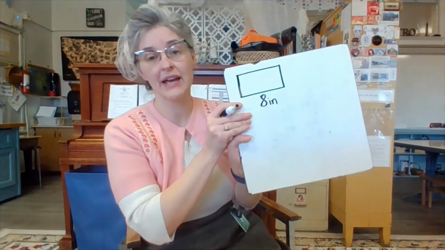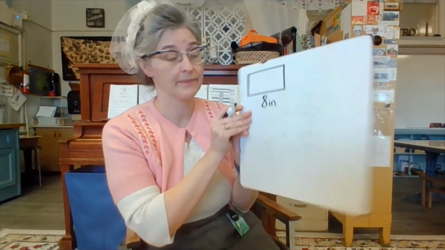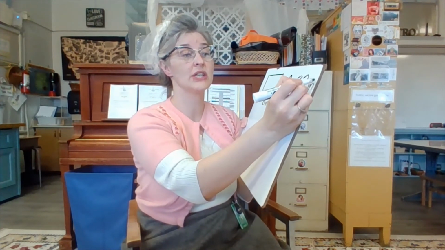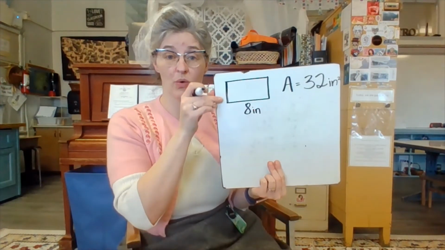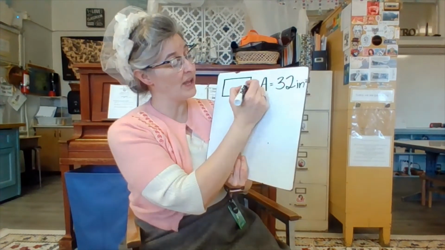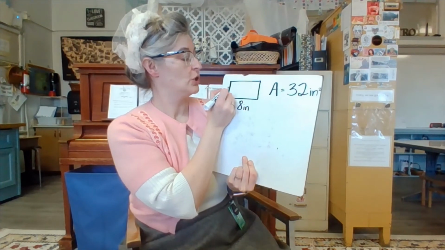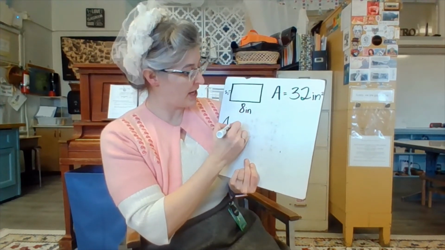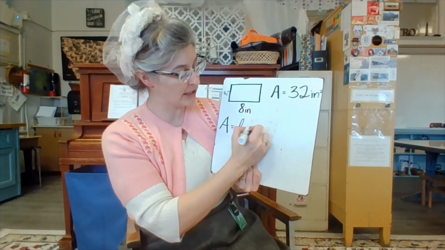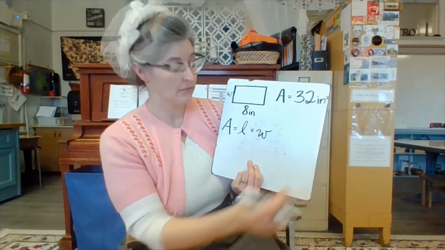So let's say here I have, for example, one side of this is 8 inches long, and I know that the area is 32 inches squared, but I don't know what the width is. So I know that the formula again is area equals length times width.